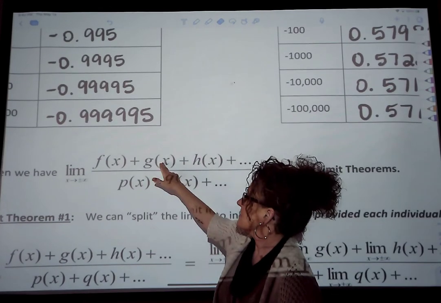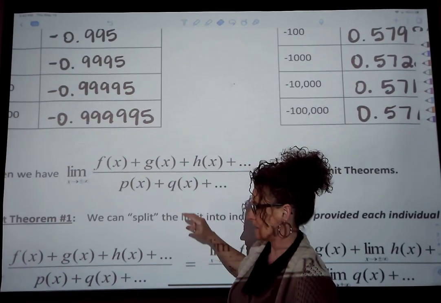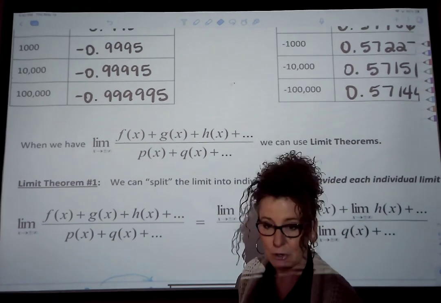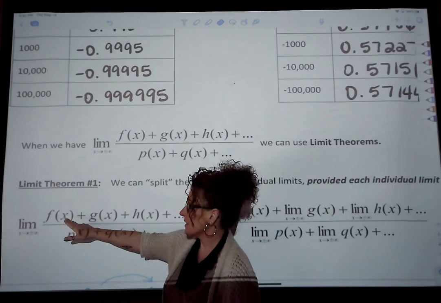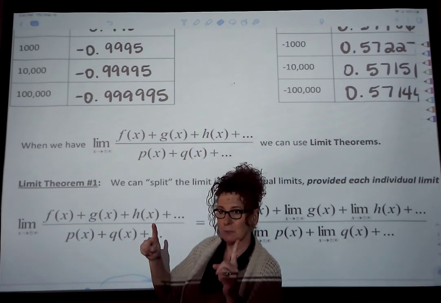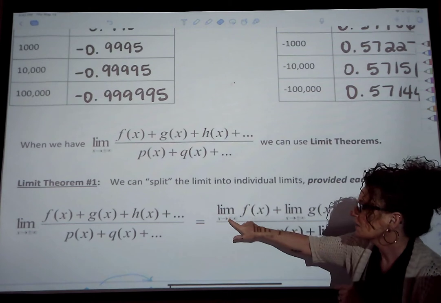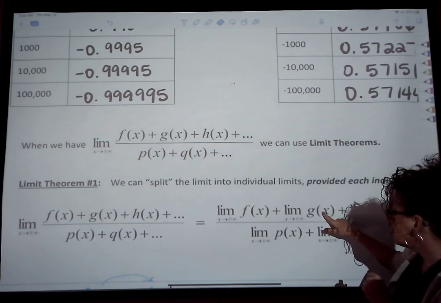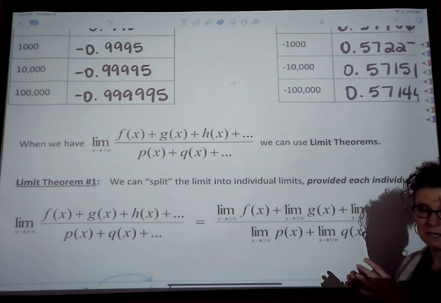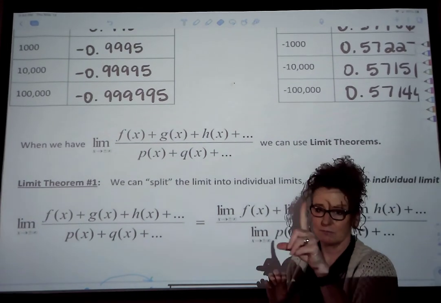We got this piece and this piece and this piece, and then we got this piece and this piece. What we can do is we can do separate limits. So if we've got pieces and pieces, I can do the limit of each piece. Why on earth would I want to do that? I'll show you.